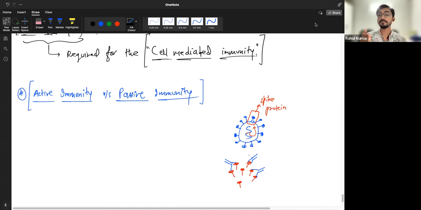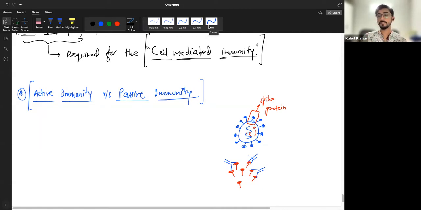So that's passive immunity, when we directly send the antibodies. This we do in case of, have you seen snake bites? Anti-venom injections are given to people who get snake bites, right? So the venom has already entered the body. Now it's not the time to tell the body to start making antibodies. You have preformed antibodies, inject it and let the body fight.